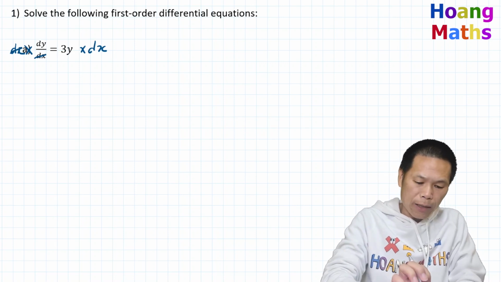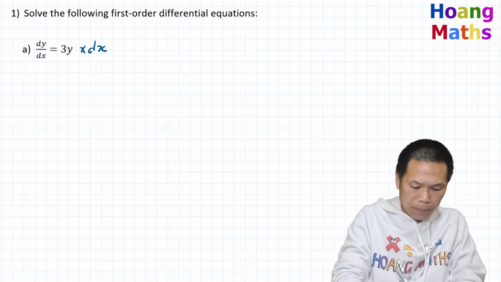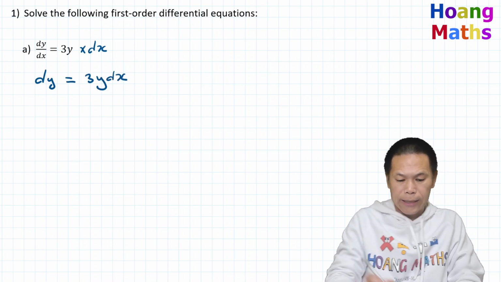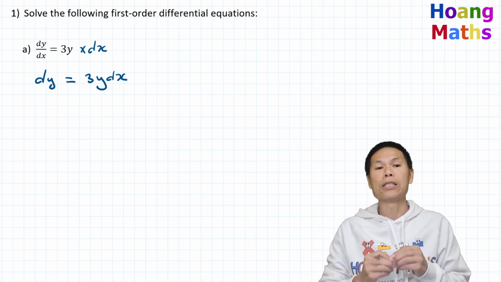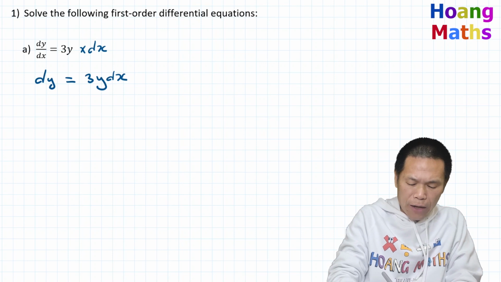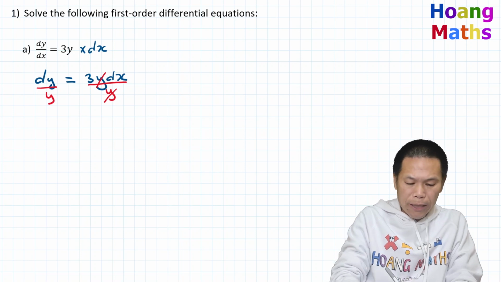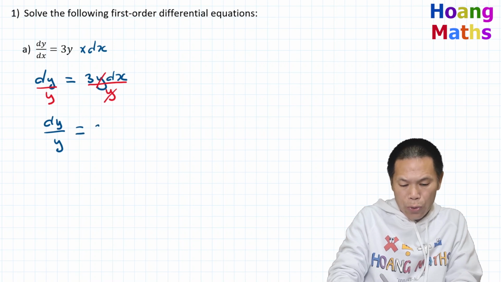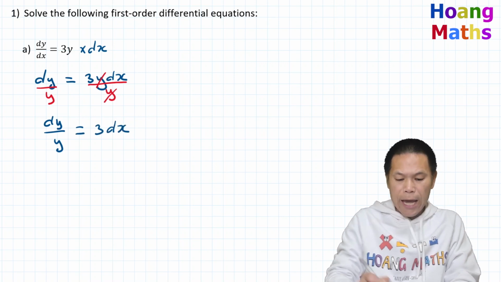So this means that dy is 3y dx. Now what I do, I just divide by y on both sides. So there you go, this means that dy over y is equal to 3 dx.